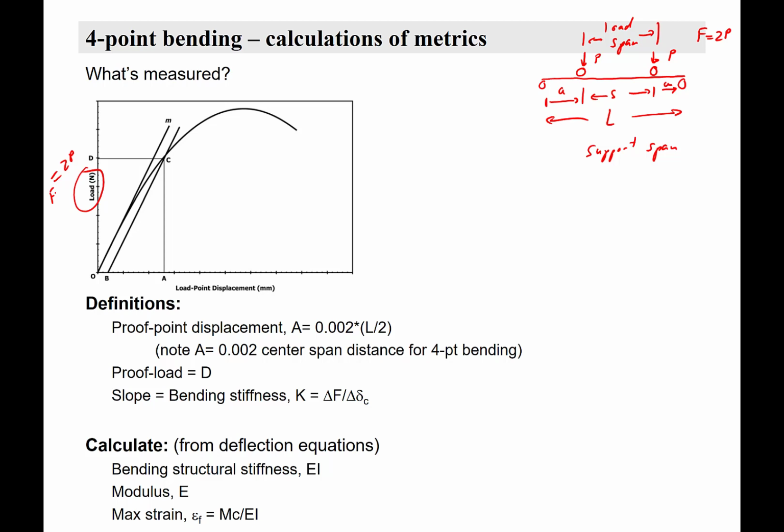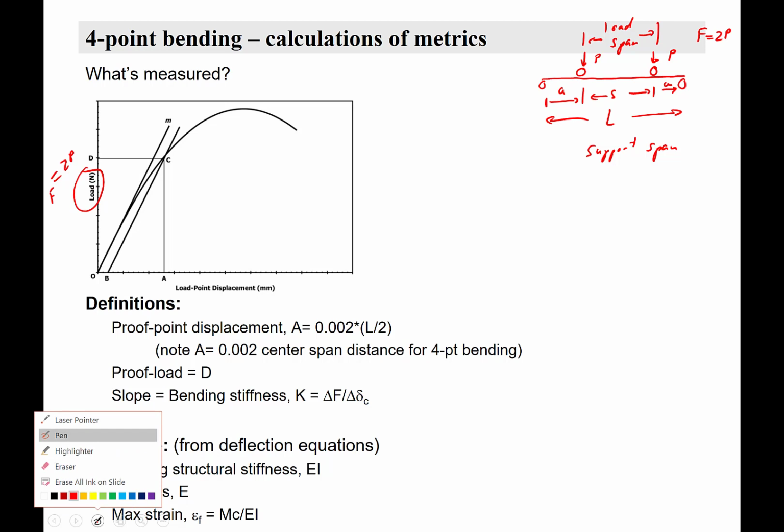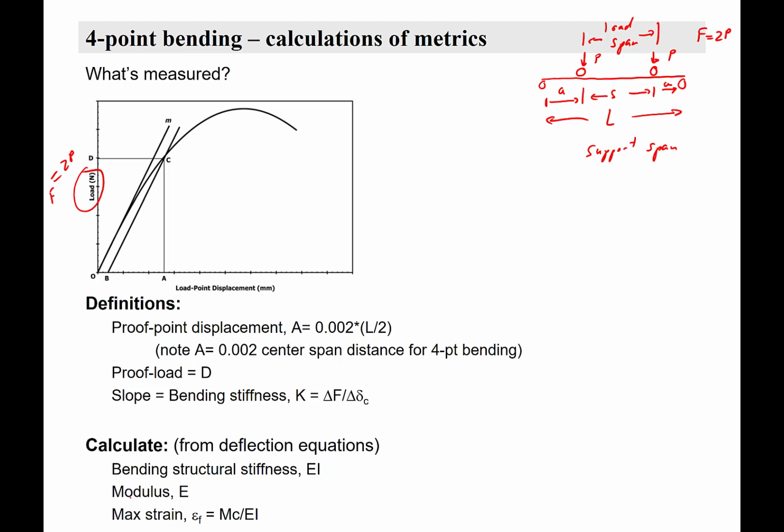You're going to get a load displacement curve like this. Now, the sample is going to deflect something like this kind of shape when it's loaded, and these anvils will go down and these anvils will stay in their place, and this displacement from here to here is the center displacement.